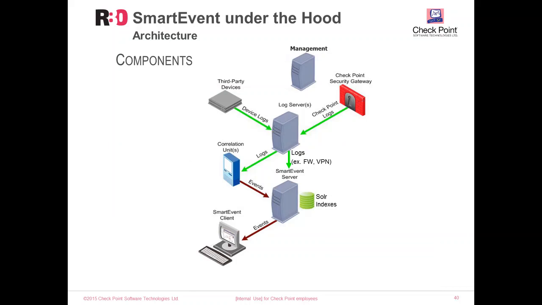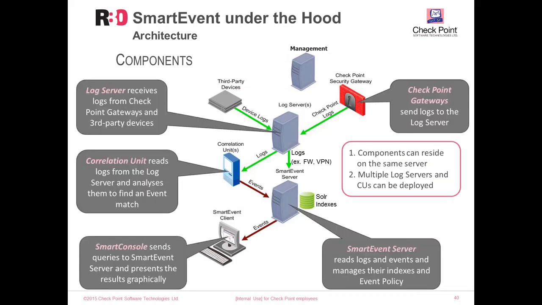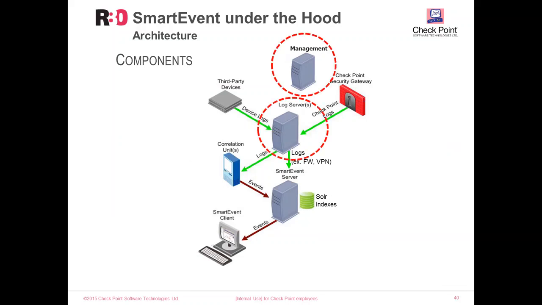The following components can reside on the same server. Multiple log servers and correlation units can be deployed in order to create a distributed environment to scale out. In this environment, the management server and log server need to be on the same version.